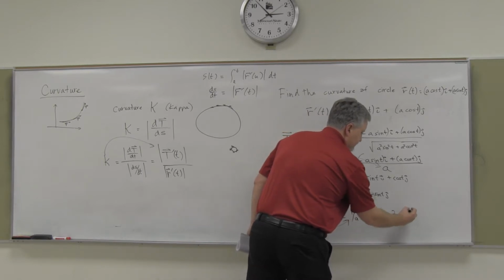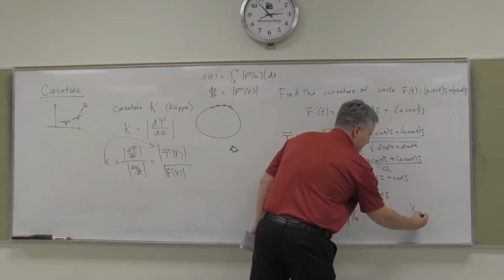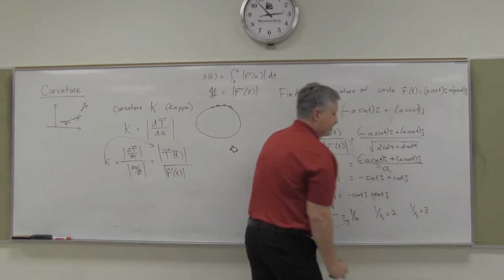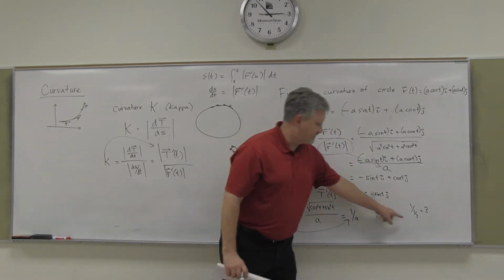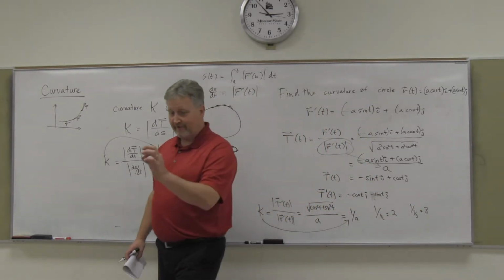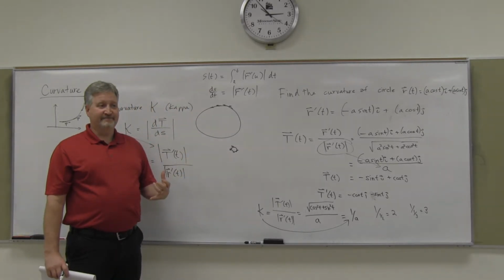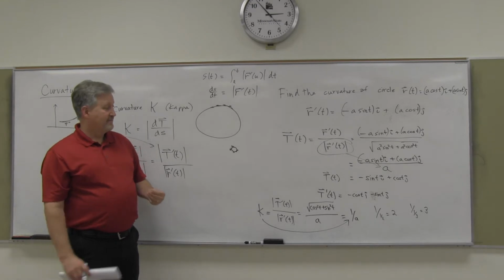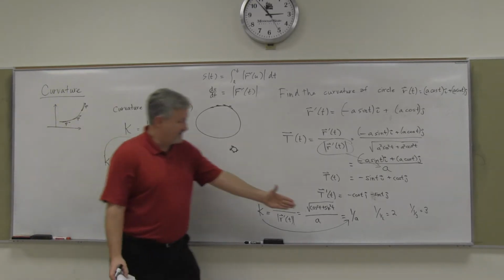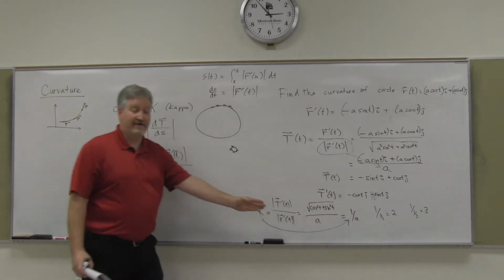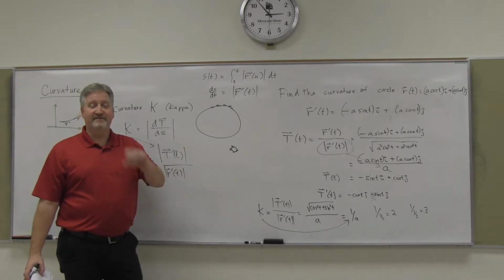That's 2, 1 divided by a third. So kappa is 2 there, kappa is 3. The smaller the radius, the larger the curvature, the more it's changing. But the larger, like if I have a equals 10, the curvature kappa is 1 over 10. It's a small curvature.